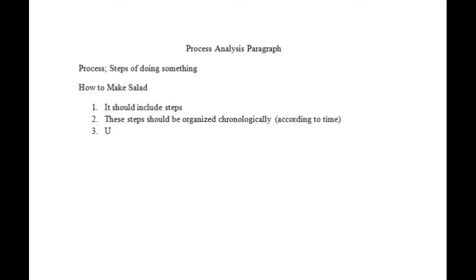I have to use specific transitions. Okay, like first, second, then finally. When I want to talk about each step, I have to start the step by one of these words.